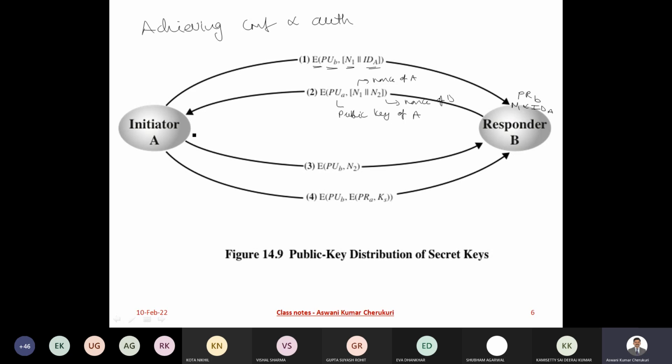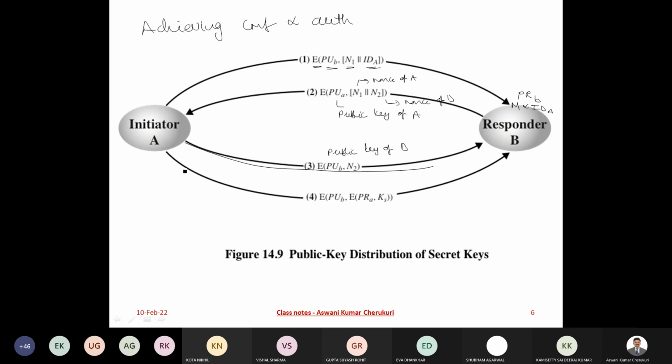Now A is sending another encrypted piece of communication by encrypting the nonce of B with the help of the public key of B. B receives this communication and understands that N2 was received by A.